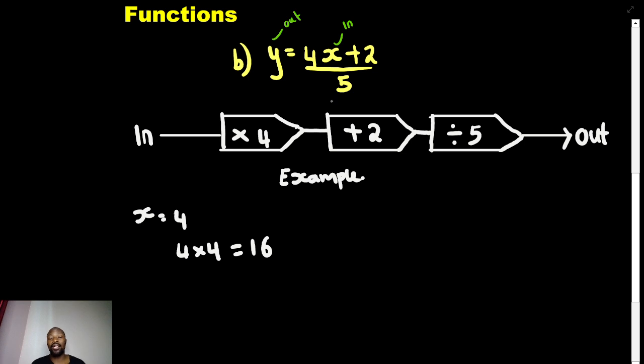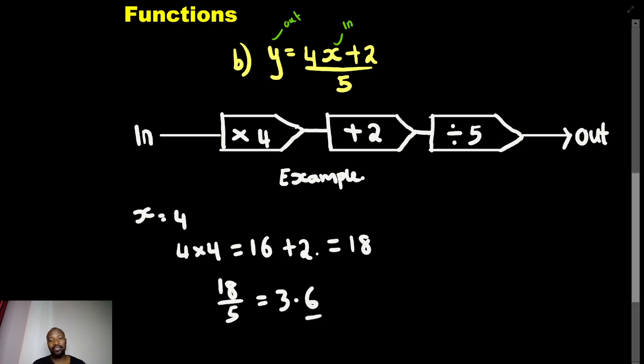And then from there, we are going to add 2. So 16 plus 2 is going to give us 18. And then from there, we're going to take 18, divide by 5, and it's going to give us, of course, you can put it in fraction form. 5 goes into 18 3 times, and then there is a remainder of 3, which we can put as 0.6. So that one makes more sense. So 3.6. So our output becomes 3.6.